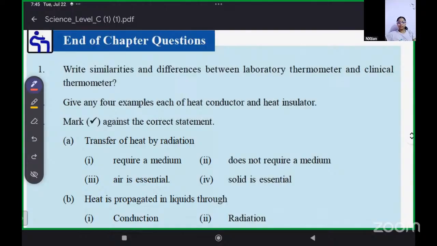They both measure how much heat the substance holds. Yes. They both measure the temperature. They both measure how much heat a substance holds, or they both are used to measure temperature. Yes. Any other similarity?